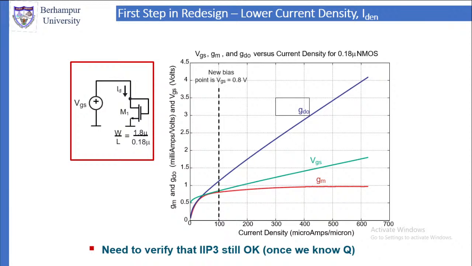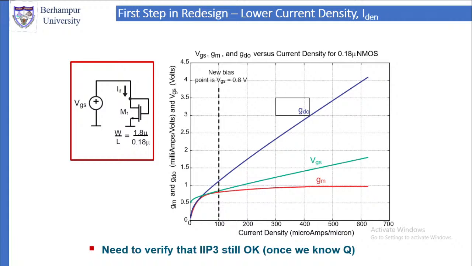Instead of the bias point where the gate source voltage was 1 volt, instead of 1 volt, go to 0.8 volts. So slightly less VGS. Once VGS is less, we'll have a lower current density. So our current density will be low.